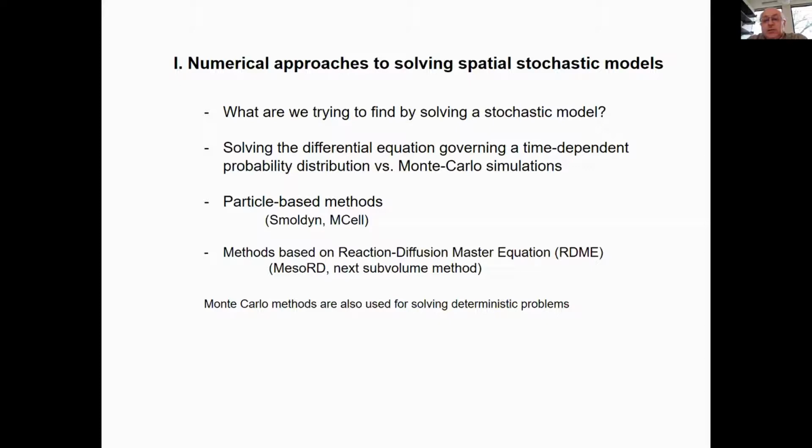Now in space, you add spatial dimension, and even if you discretize space, the dimensionality of all possible combinations, or all possible outcomes, in the stochastic model becomes huge.